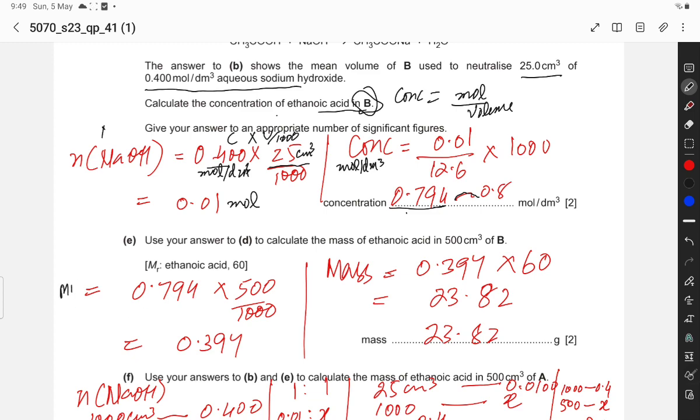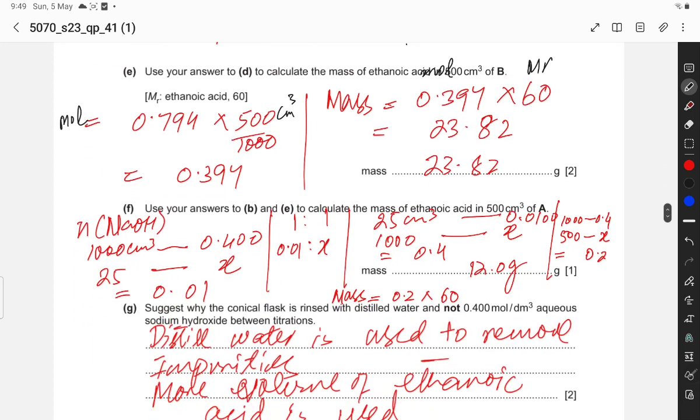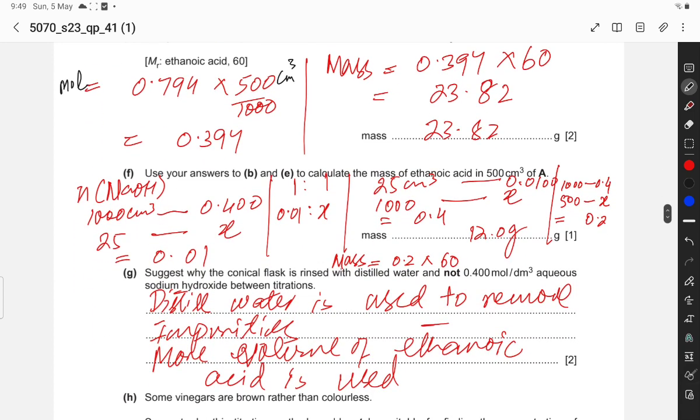First find the moles in 500 cm³: 0.794 times 500 divided by 1000, because this is in cm³. So this is 0.397 mole. Mass is Mr times moles, so the answer is 23.82. The mass is 23.82.